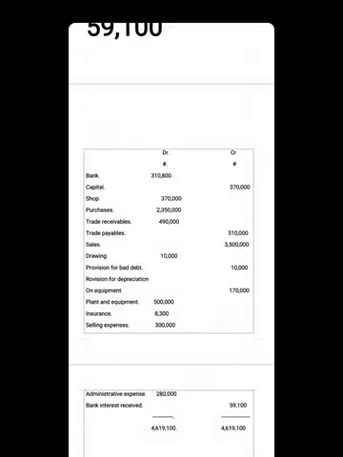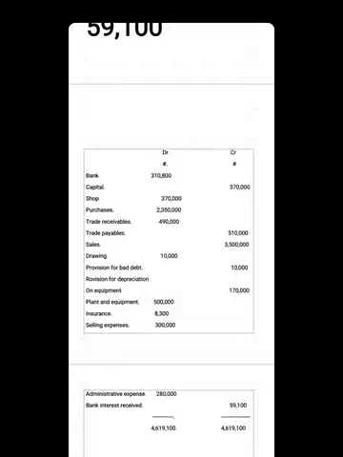Shop is an expense, so it stays in the debit side. Purchases is an expense, so it stays in the debit side. Trade receivables is staying in the debit side because it is an asset.